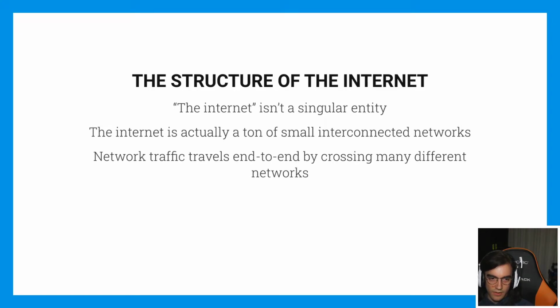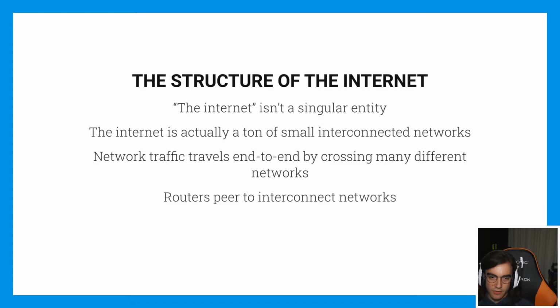And the network traffic travels end-to-end by crossing many different networks. The internet is a global network where service providers join at IXPs, or internet exchange points, and literally go into rooms where all there is in the room is routers, and providers plug themselves into each other, and they just create this really vast and expansive network.